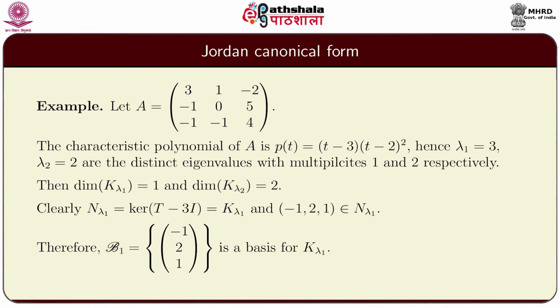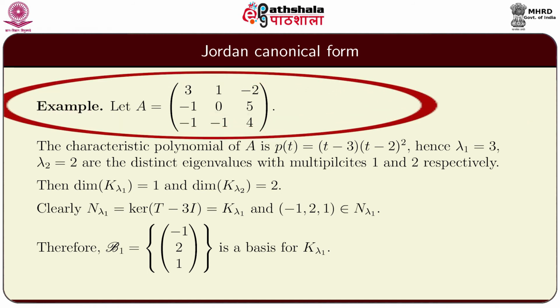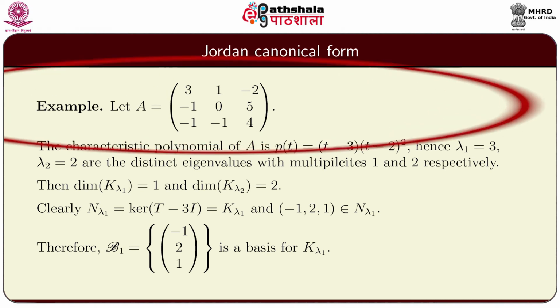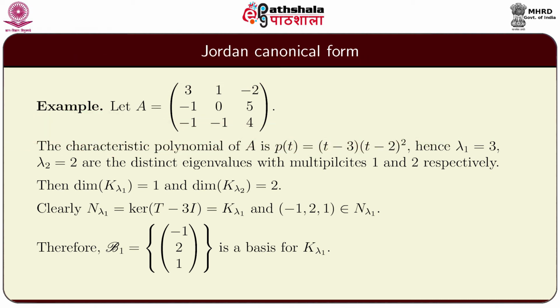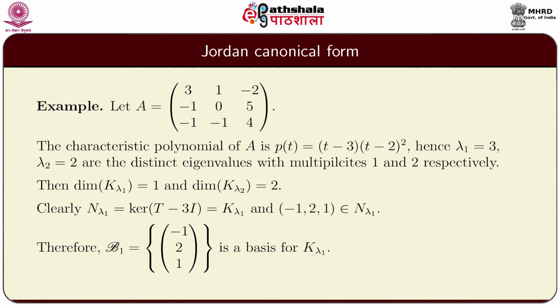Let us look at this example where A is this 3 cross 3 matrix whose first row is 3, 1, minus 2, second row is minus 1, 0, 5 and the third row is minus 1, minus 1, 4. Then the characteristic polynomial of A is p(t), which is (t minus 3) into (t minus 2) square. Hence, lambda 1 equal to 3 and lambda 2 equal to 2 are the distinct eigenvalues with multiplicities 1 and 2 respectively.